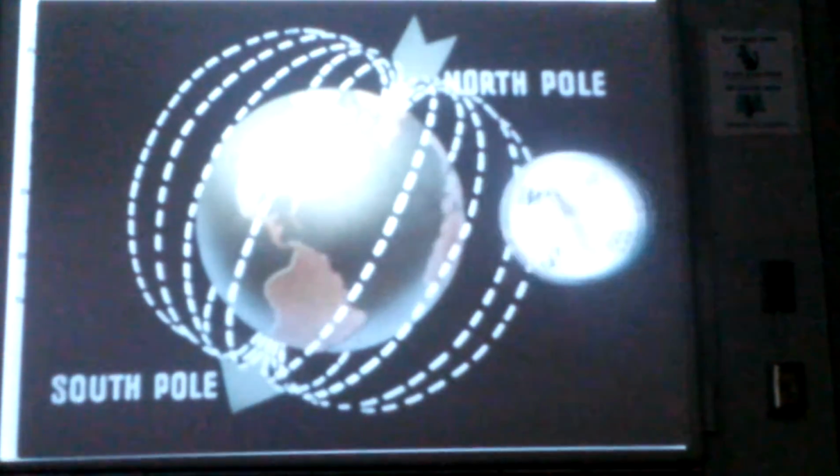The Earth itself is a magnet. So are the tiny electrons. All of the electrons in any object are tiny magnets.